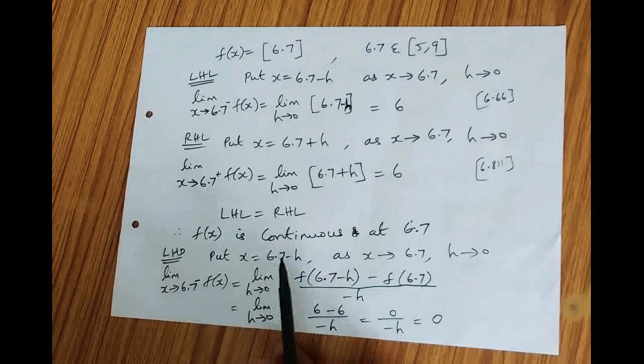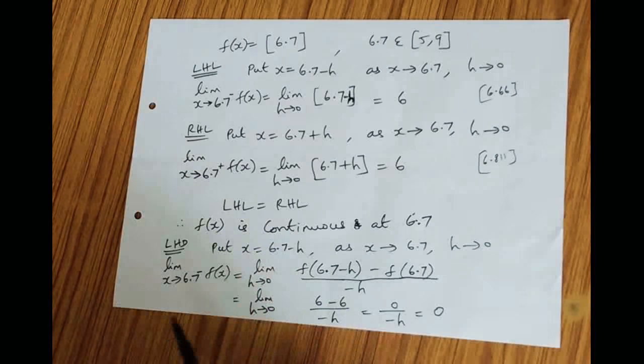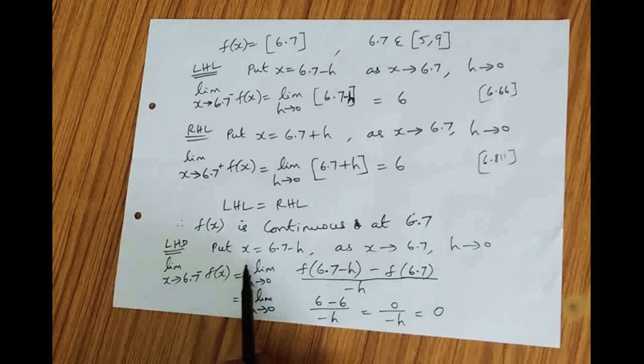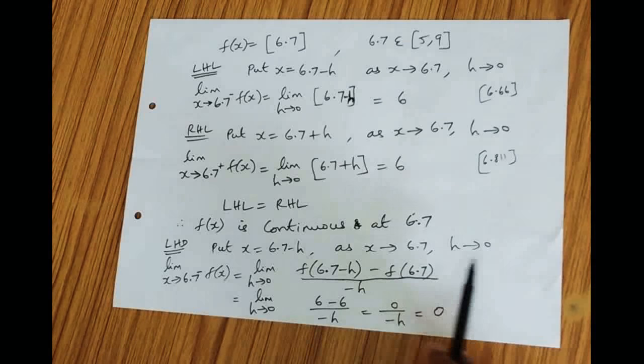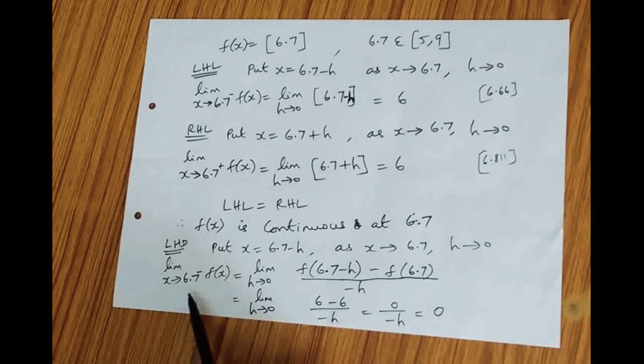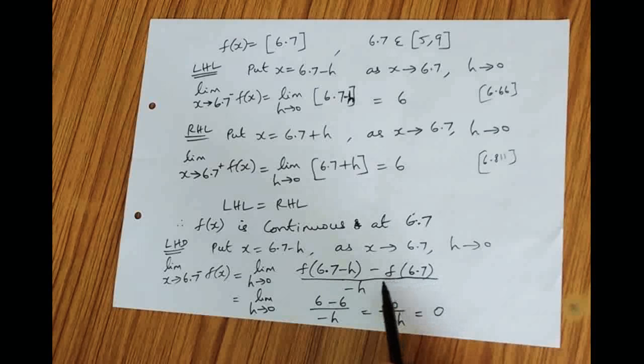Now let us check the differentiability. LHD: put x is equal to 6.7 minus h. As x tends to 6.7, h tends to 0. We know the differentiability formula: f of a minus h minus f of a, by minus h.